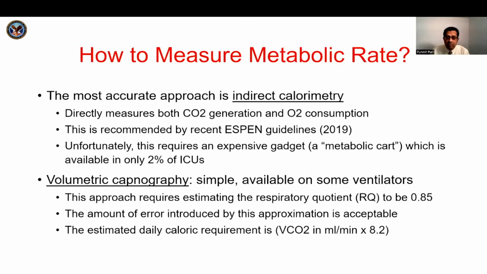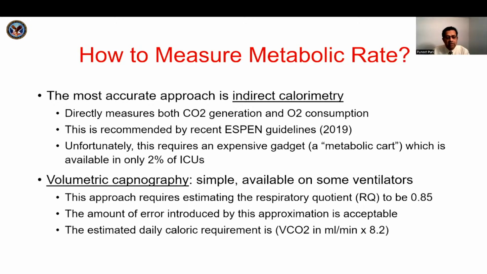How can we measure metabolic rate? The most accurate approach so far is called indirect calorimetry, which directly measures both the CO2 generation as well as oxygen consumption. This is recommended by the recent ESPEN, the European guidelines in 2019. Unfortunately, it requires an expensive gadget called the metabolic cart, which is available in only about 2% of ICU patients.